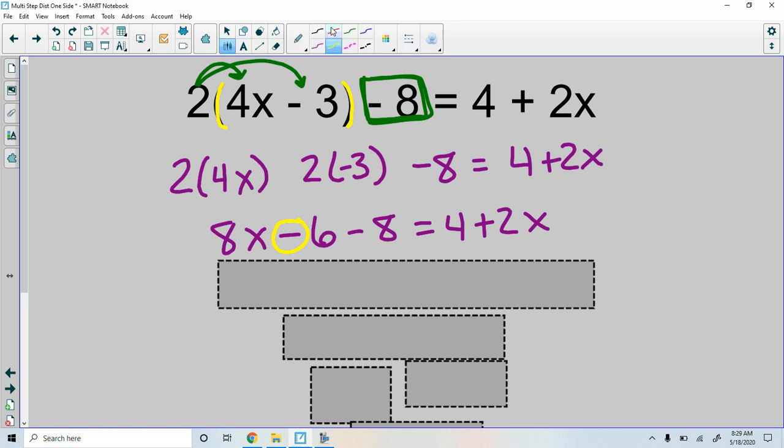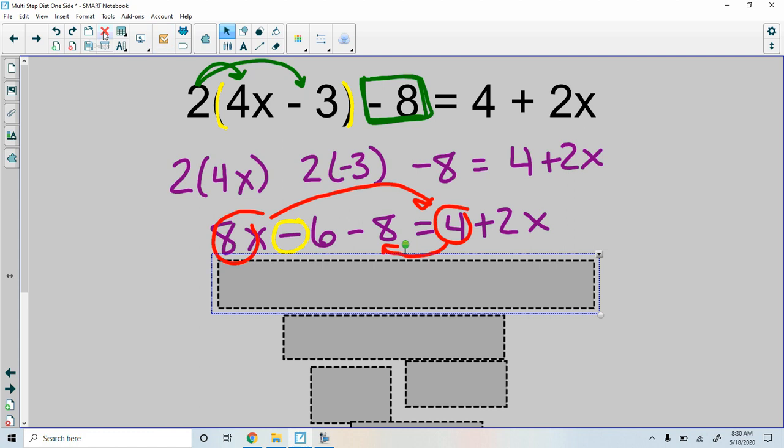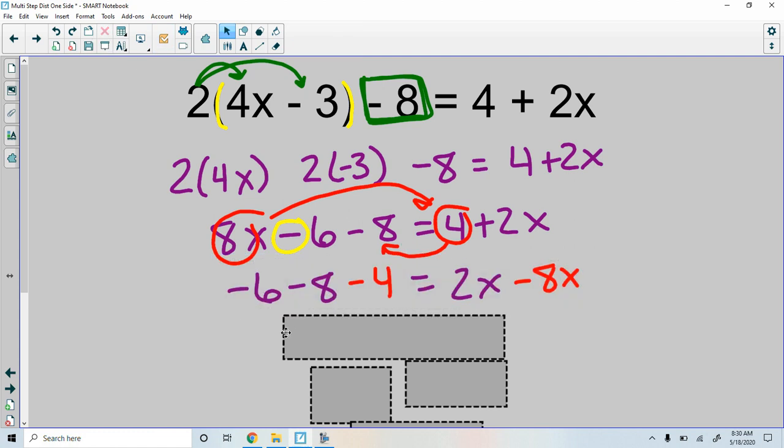And I'm going to go ahead and move my 8x to this side to get negative 8x. I'll move my 4 over here, and I'll get negative 4. I showed you that in red. Everything else stayed where it was, and the sign stayed the same.